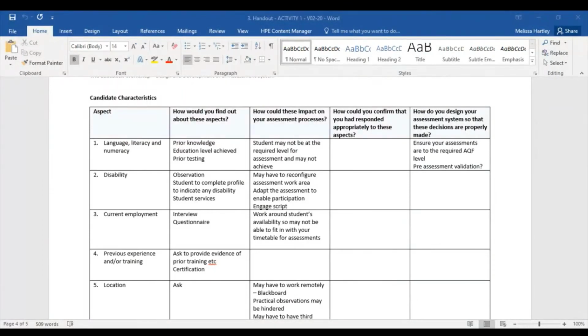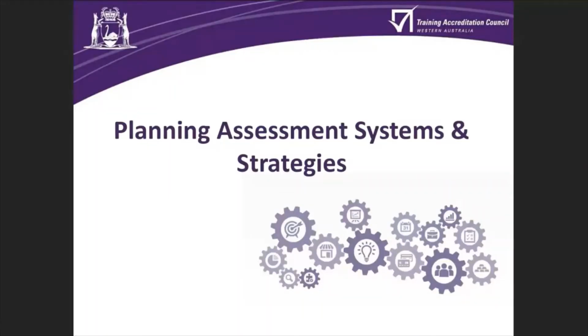So we'll now return to our presentation, but you can see in the thinking that's gone into the production of this table, and I appreciate that you've not had a lot of time to spend on it, but what it does do is remind us that we need in our assessment processes and systems to be able to be flexible and fair and take into consideration the resources that we have to hand.